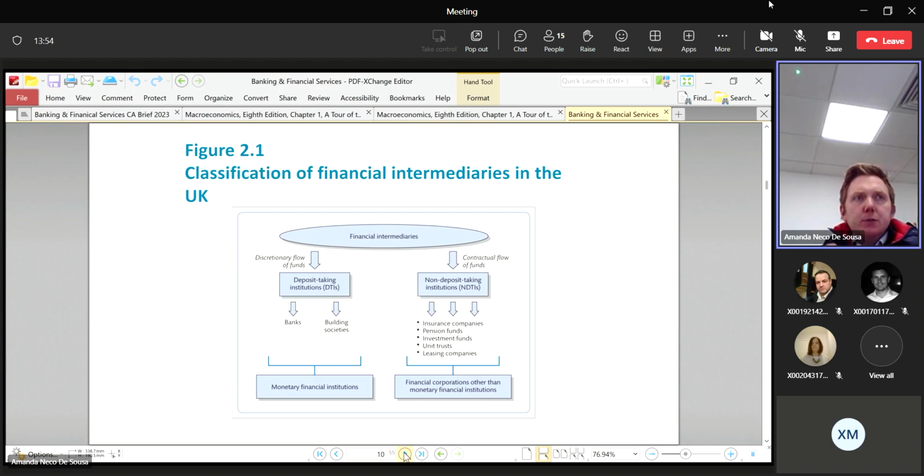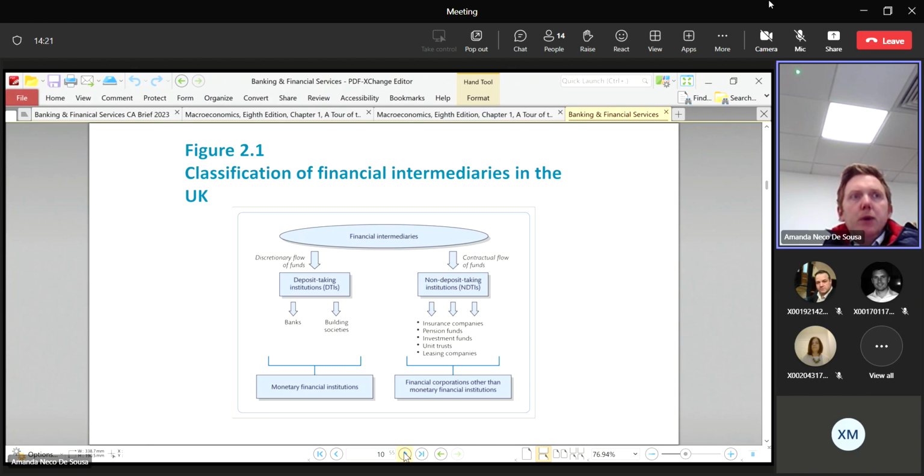The main difference between a bank and a building society is that a building society is run and owned by its members, versus who owns the bank. The bank is typically owned by shareholders, and they're typically on the stock market. But these two represent monetary financial institutions, as you can see there on the bottom left.